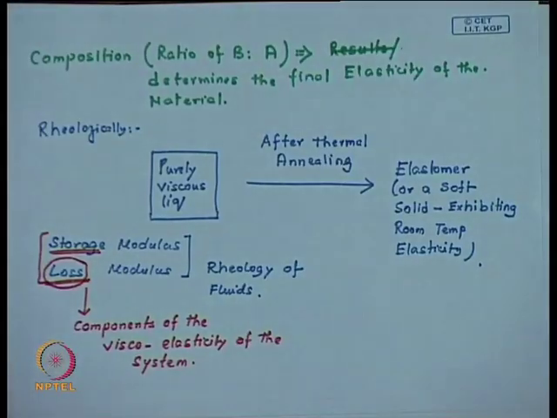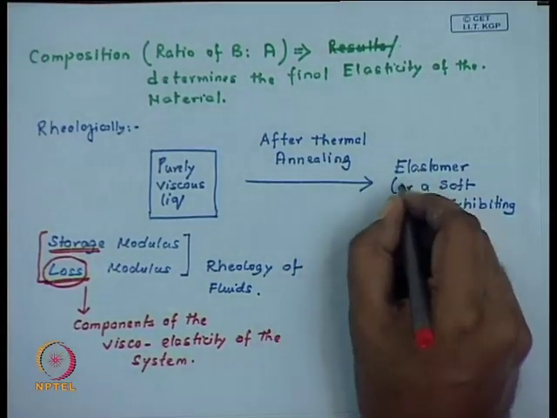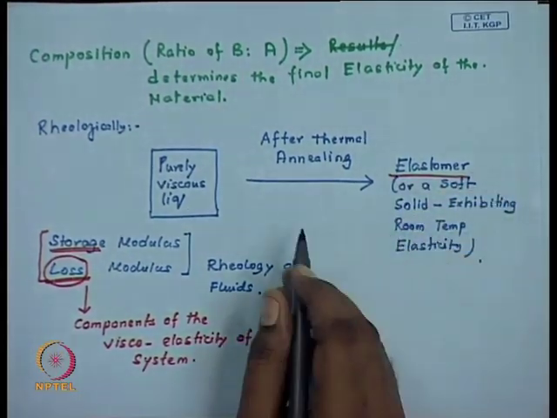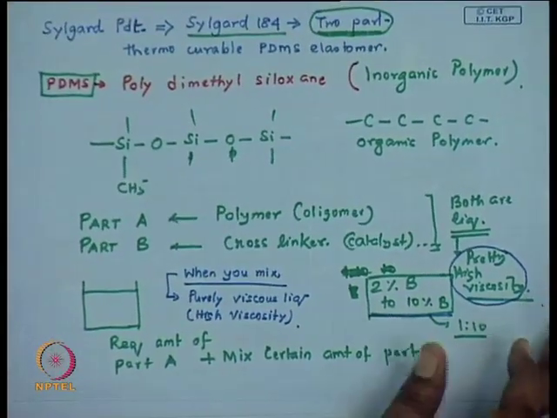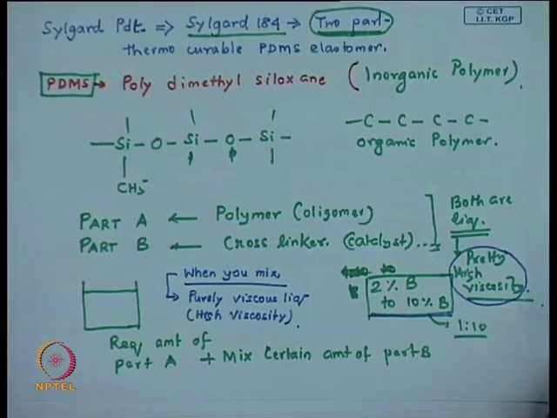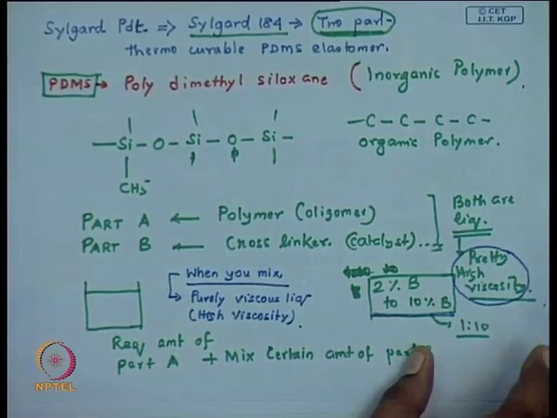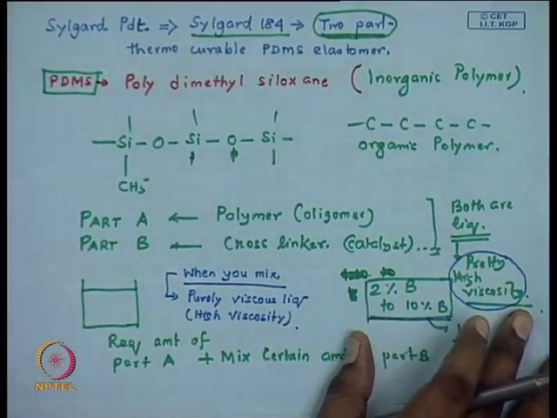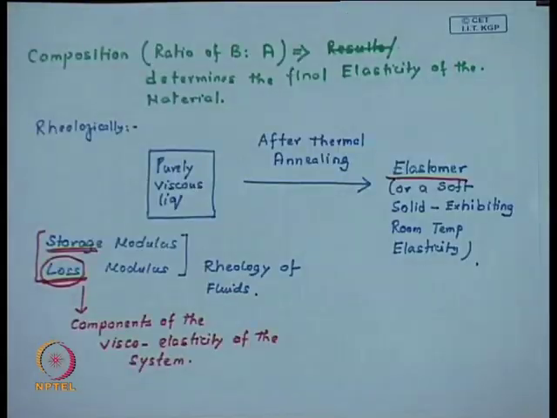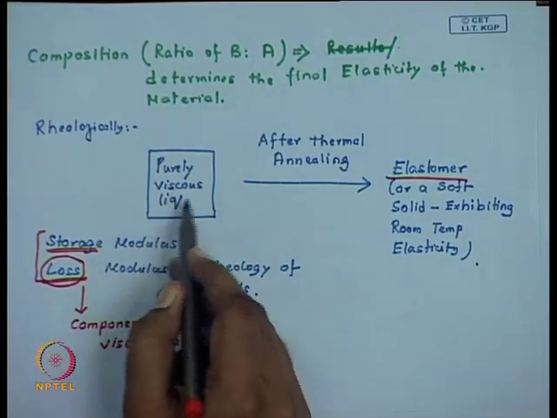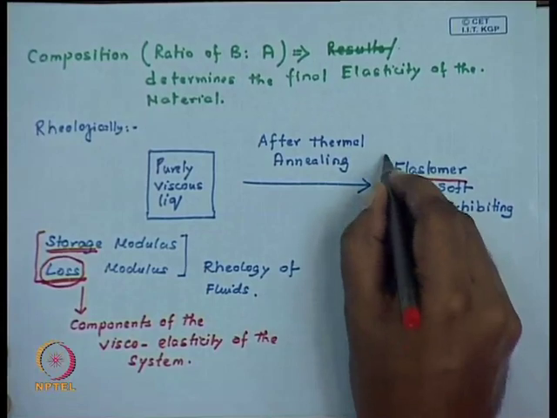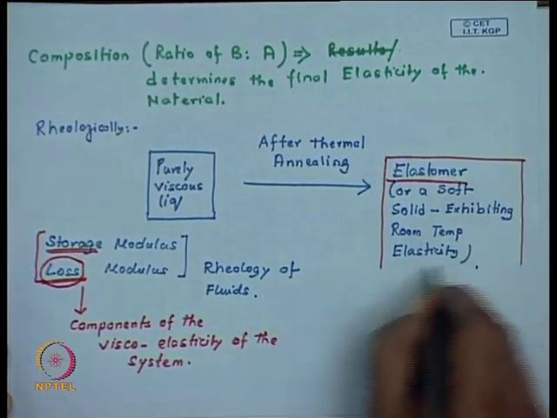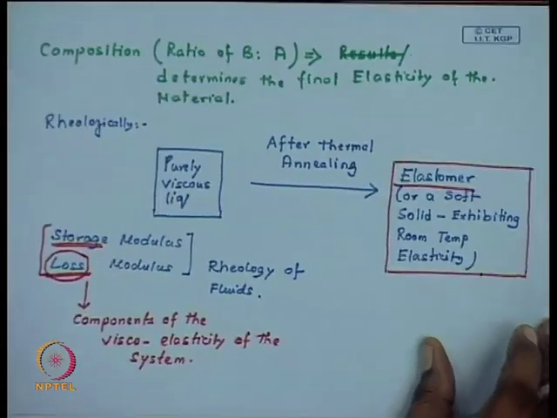What I intend to say, and this would be more than enough if you remember or understand this, is about this thermal annealing step, the way you process it. You mix part A and part B, you have a viscous liquid at room temperature, and when you heat them up due to thermal annealing, rheologically you are transforming a purely viscous liquid to an elastomer, a soft solid exhibiting room temperature elasticity.